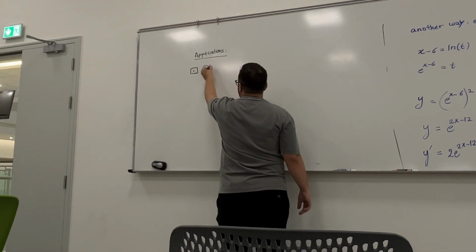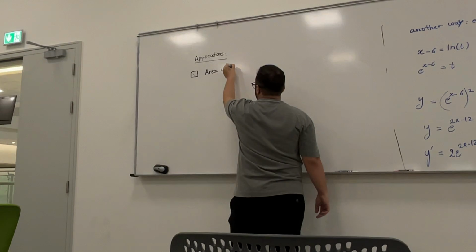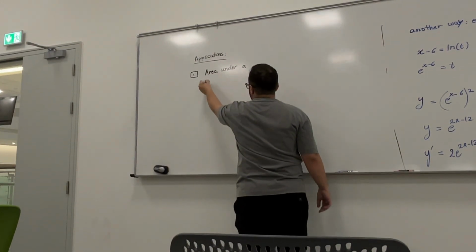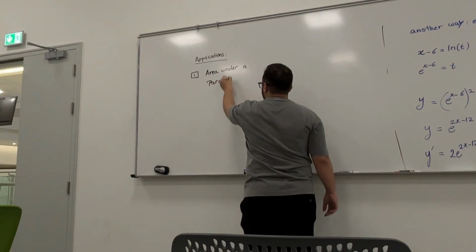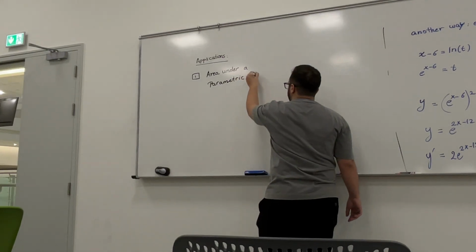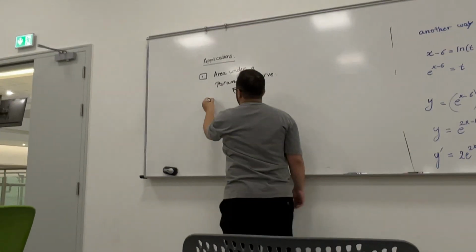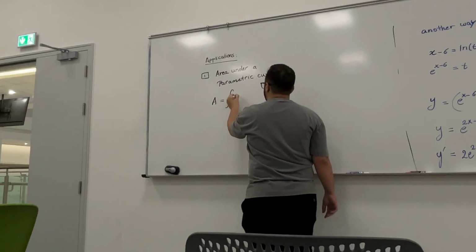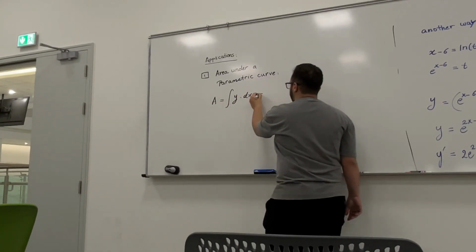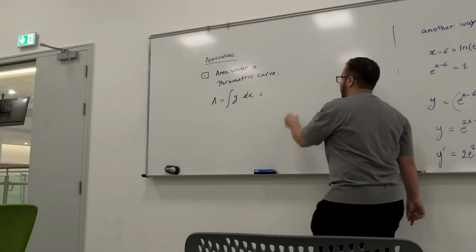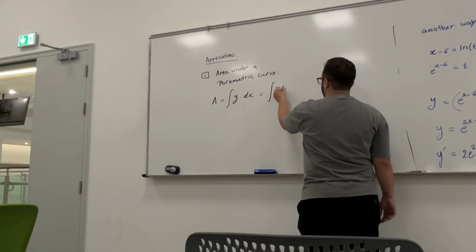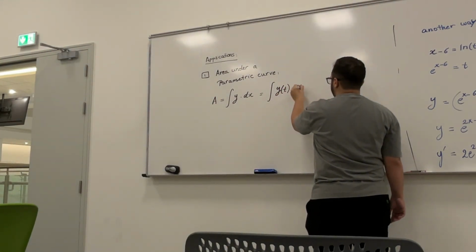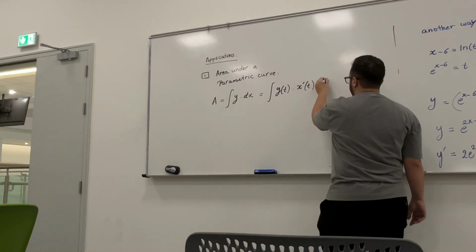First, the area under a parametric curve. So A equals the integration of y dx. This is the formula of it. But this can be simplified to the following: y of t, x prime of t, dt.